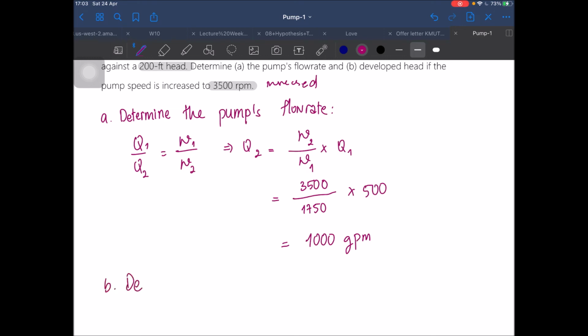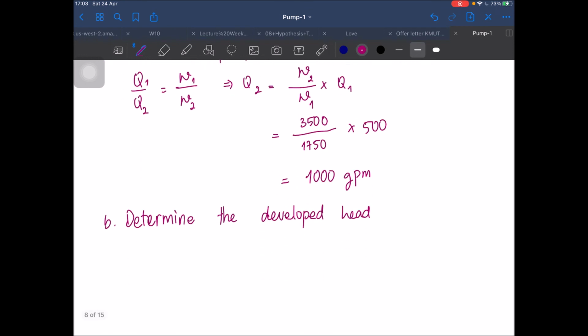So determine the developed head. Now we have HA1 over HA2 equals angular speed 1 over angular speed 2 squared.